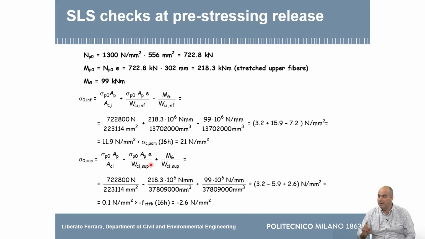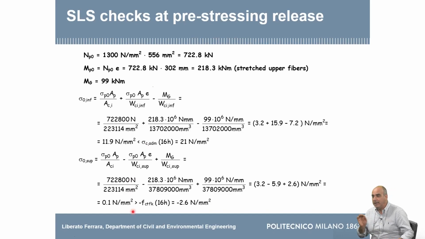And you see, it's the outcome of the design, which has been tuned to have this. You see, on the bottom part, which is the most compressive one, we have a compressive stress of about 12 megapascal. It's okay, we can accept up to 21, so we are quite safe. On the top, our stress turned out to be very slightly positive, 0.1, so it's really close to 0.